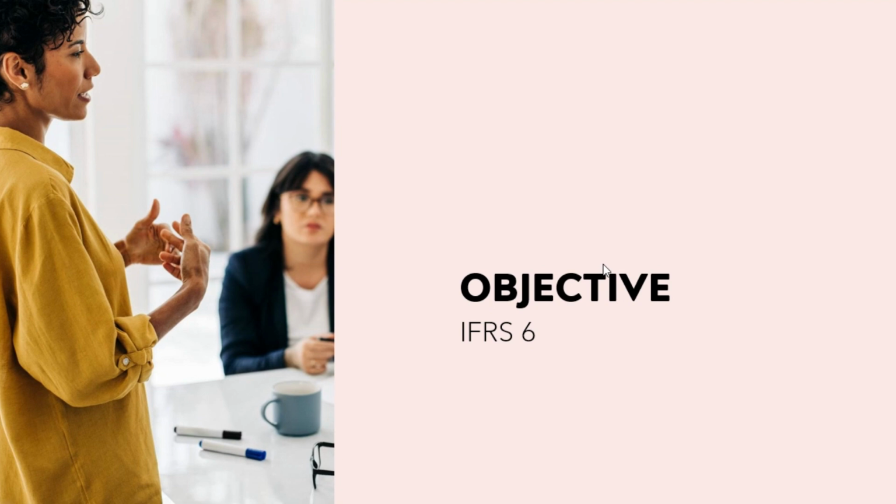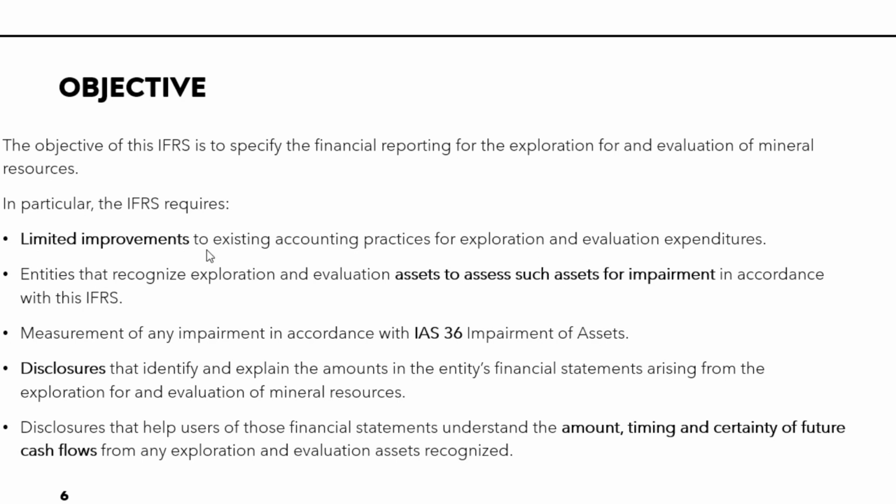What are the main objectives of IFRS 6? The main objective of IFRS 6 is to explain how companies should report exploration and evaluation costs in the financial statements.